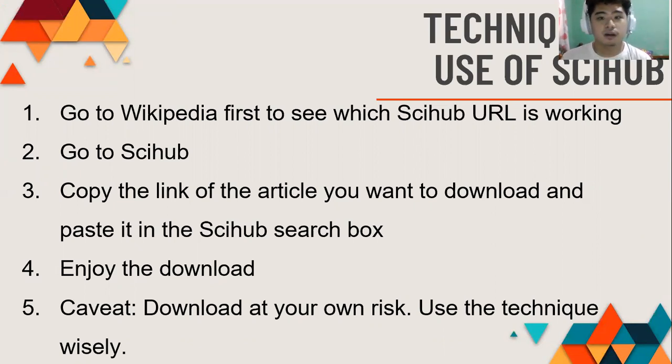Why? Let's see. Go to Wikipedia first to see which Sci-Hub URL is working. Go to Sci-Hub, copy the link of the article you want to download, and paste it in the Sci-Hub search box. Enjoy the download. Caveat, download at your own risk. Use the technique wisely. So why?